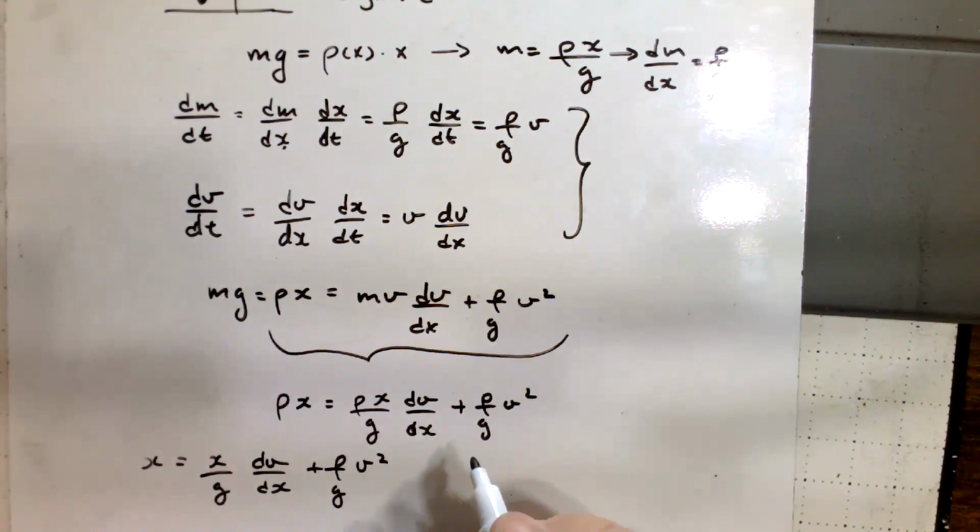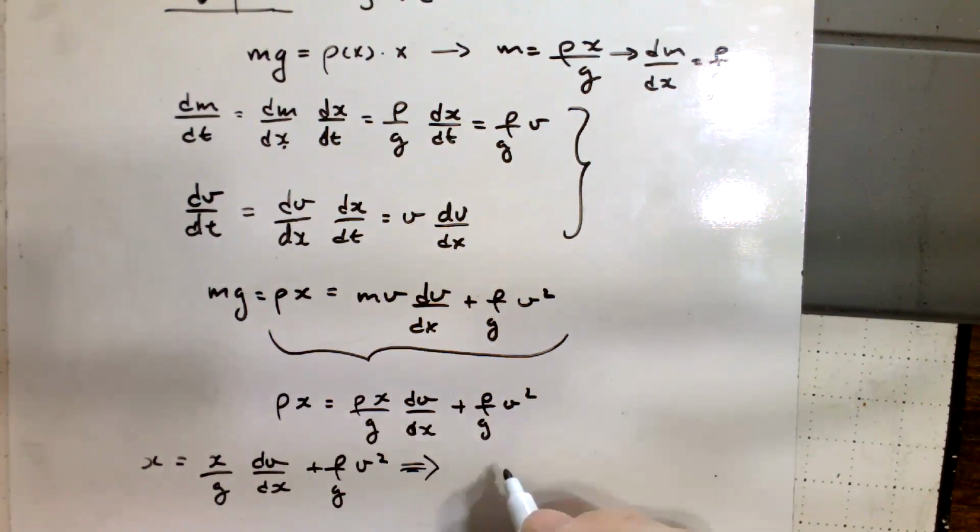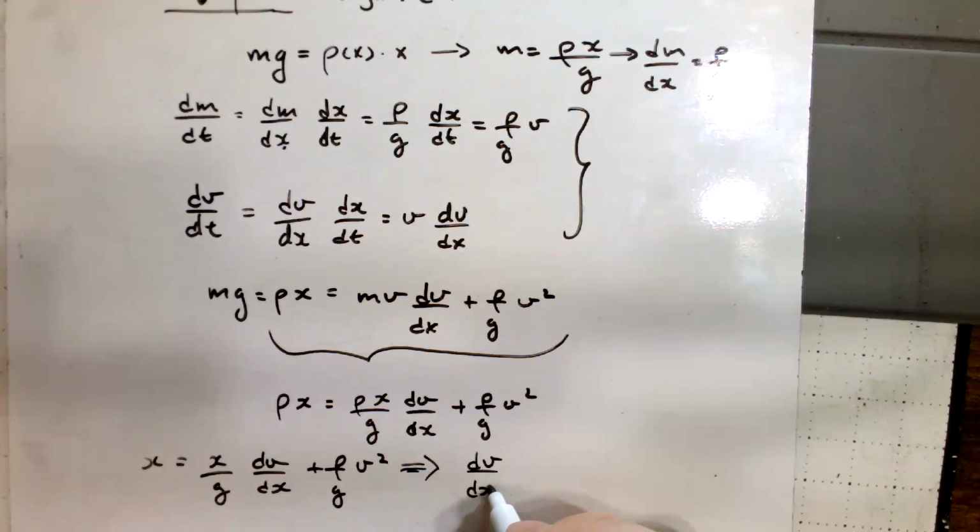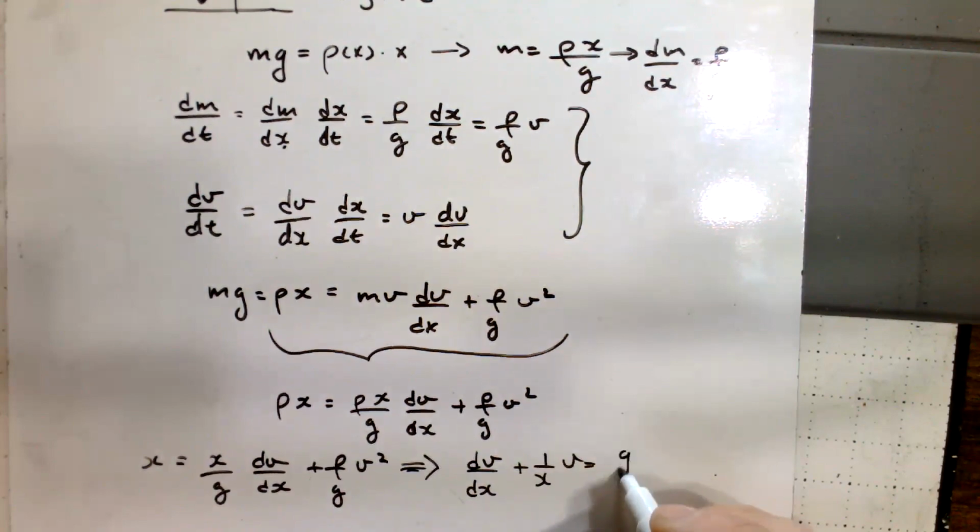Right, so if I divide by x over g and rearrange, I should get dv/dx plus 1 over x v equals g over v.